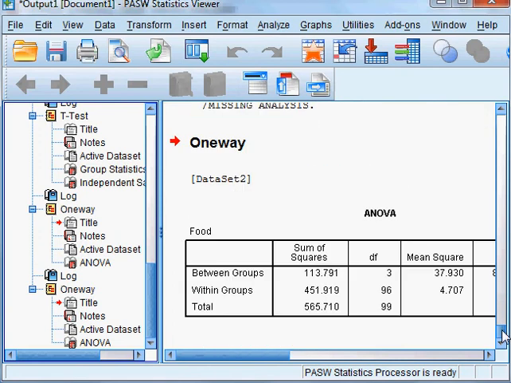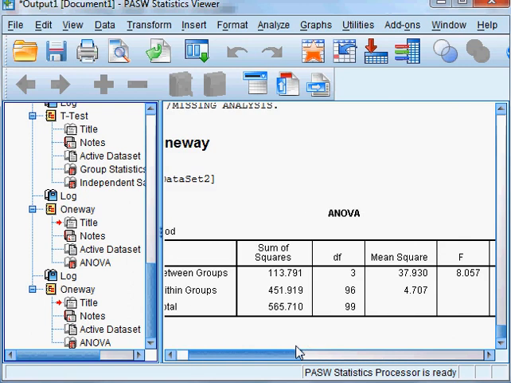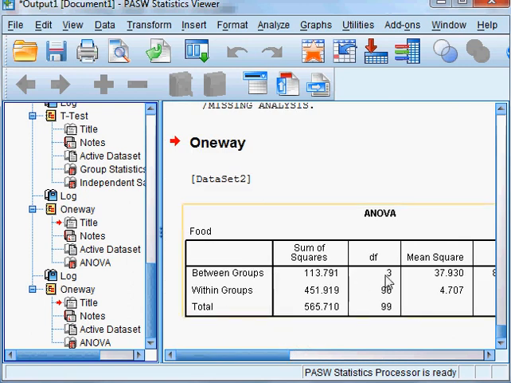So, oops, here we go. This is our within groups variance, and this is our between groups variance. So you can see we have quite a bit of variance within groups.